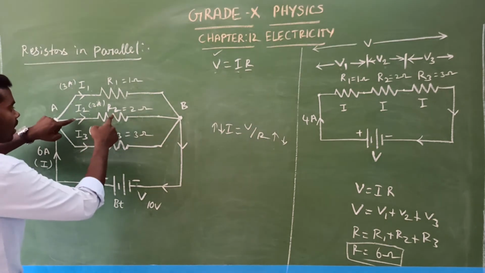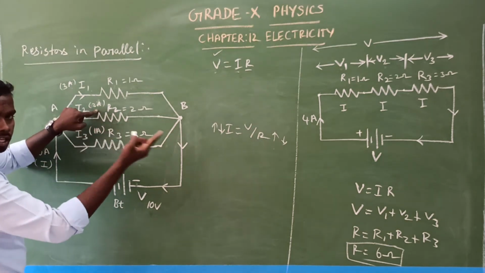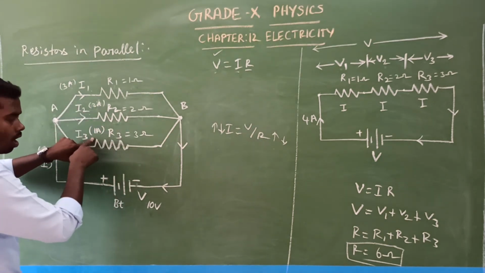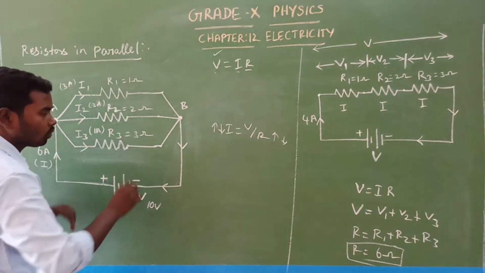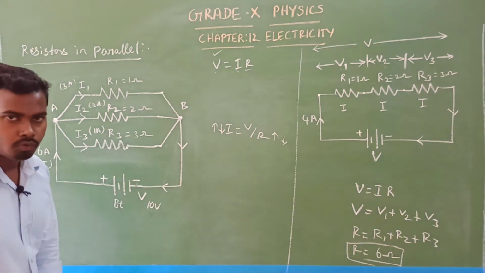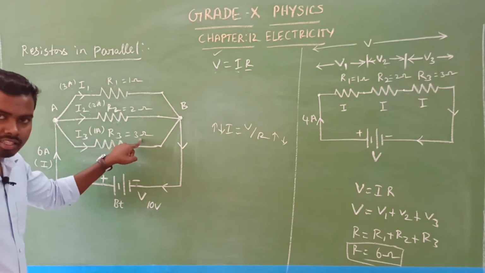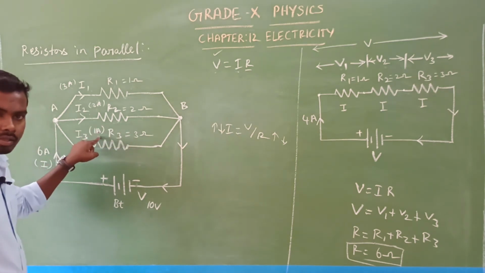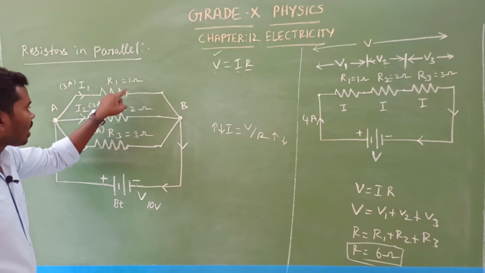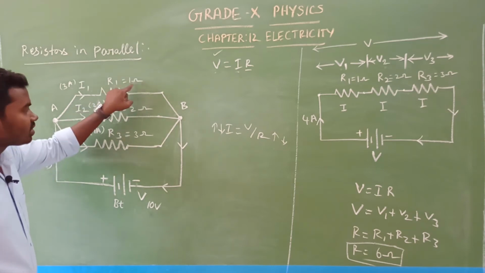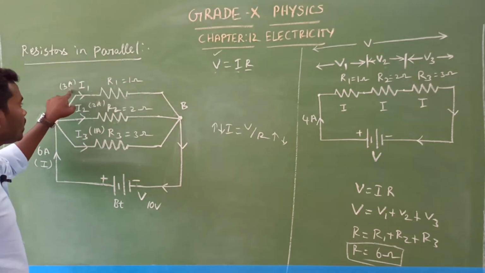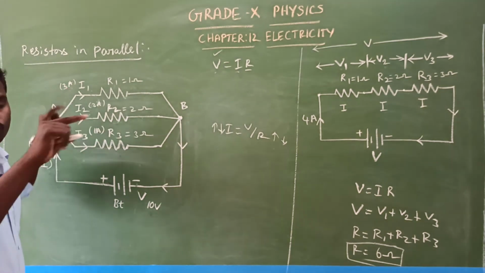Across the resistor R2, 2 ampere current is flowing, and across the resistor R3, 1 ampere current is flowing. R3 resistance is more compared to R1, so the current is less. R1 resistance is less, that is the reason why more current is flowing.